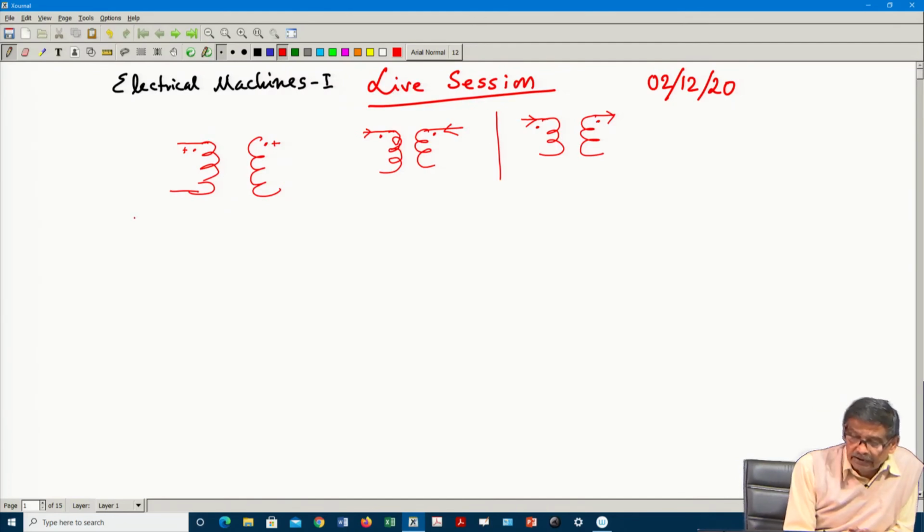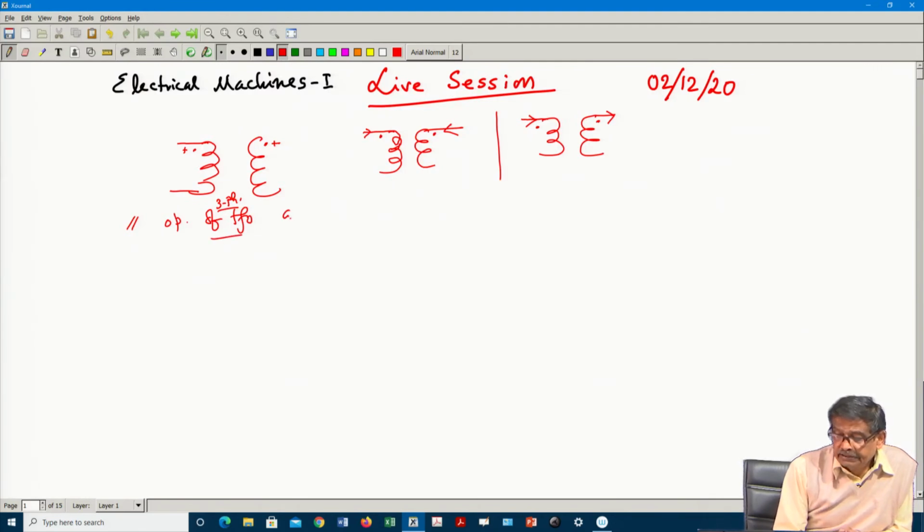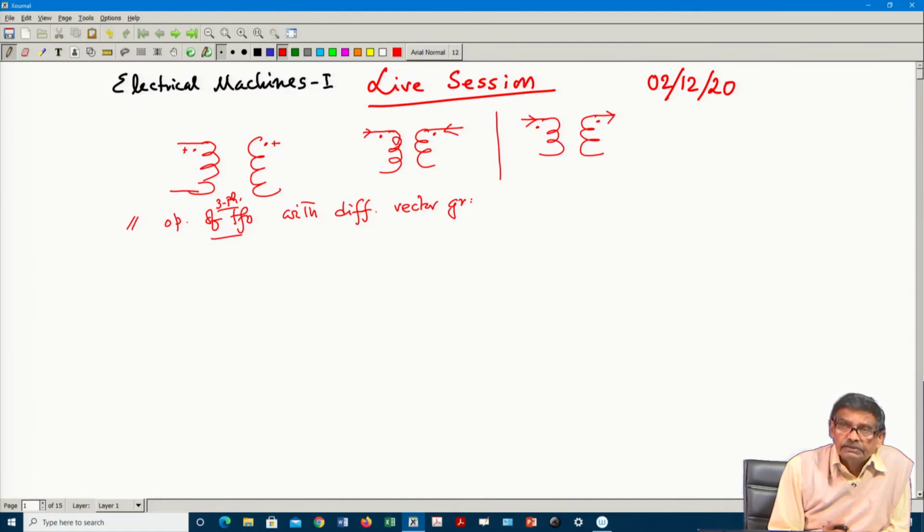That is the parallel operation of three phase transformers with different vector groups. We know what vector group is. That is the spirit of the question.